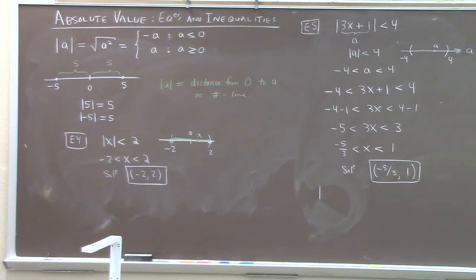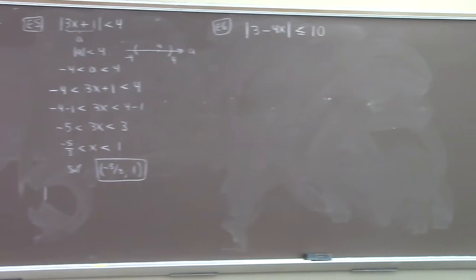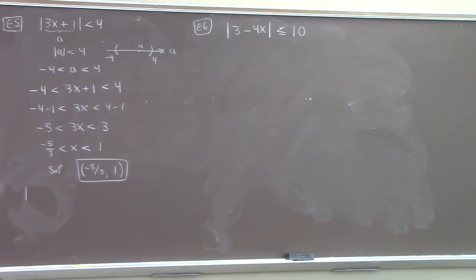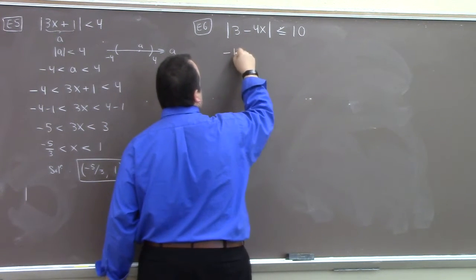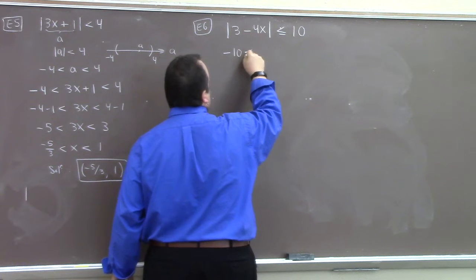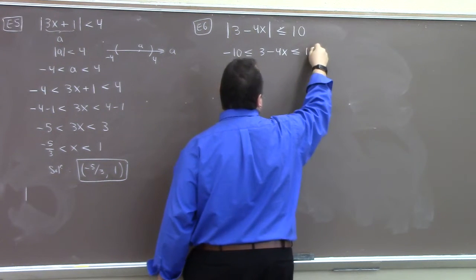So what does that mean? That means that we're at most 10 units from the origin for the quantity 3 minus 4x. So I can straight away go to minus 10 less than or equal to 3 minus 4x less than or equal to 10.